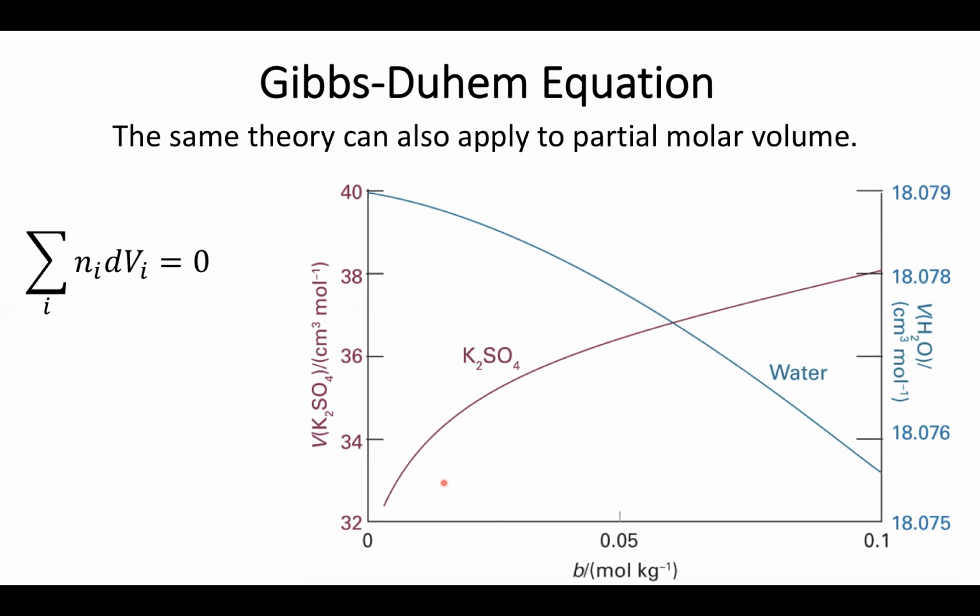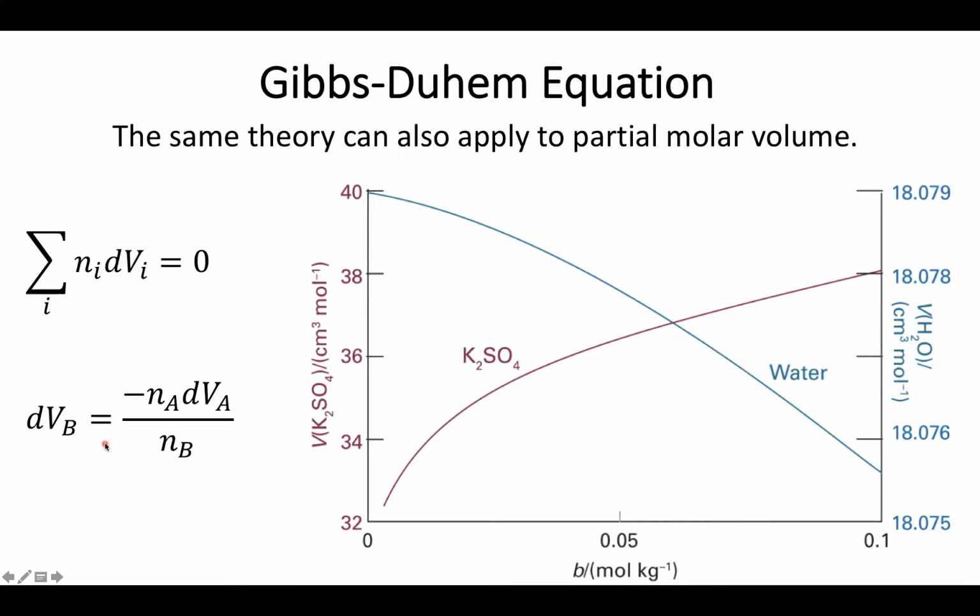With, again, the major assumption here being that we're going to see very minor changes in the total volume of the system as I just add small amounts of components A or B. And so what we would predict is that if the molar volume of A increases, I should see a decrease in the molar volume of B to essentially compensate.